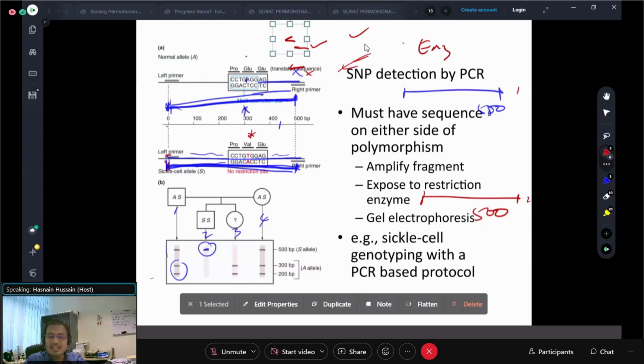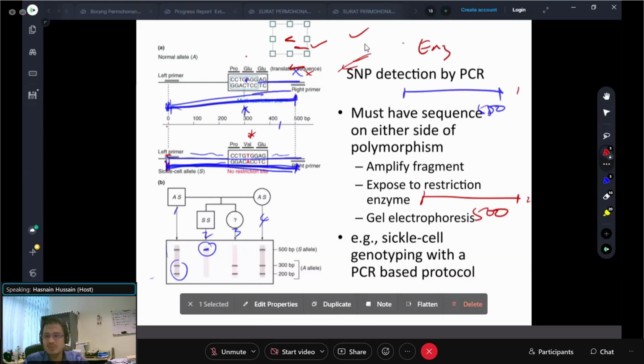So this is the concept to differentiate one individual from another based on the presence or absence of a difference in one nucleotide. Like this one is GC, this one is AT or TA.